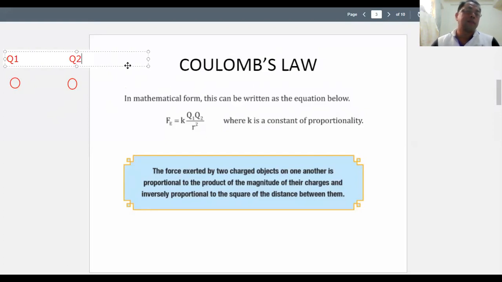So these are charges. Either Q sub 1 and Q sub 2 are the same in sign or they are opposite in sign, and other than that, they are separated by a distance. So there's a distance between them.